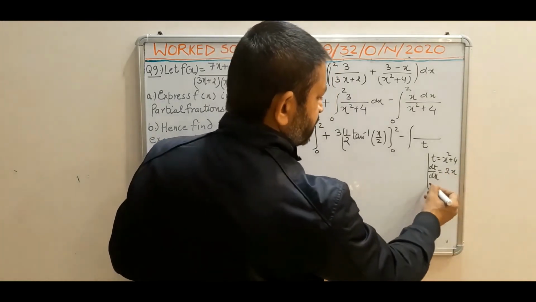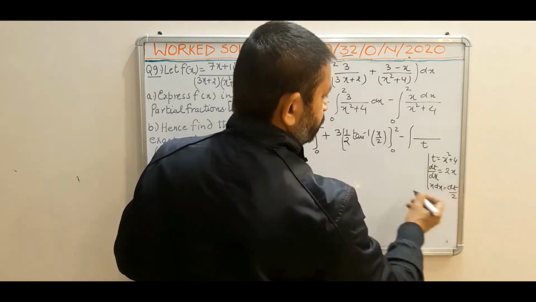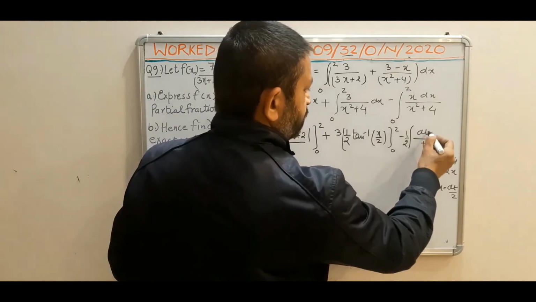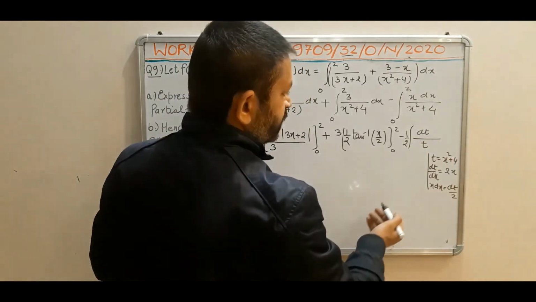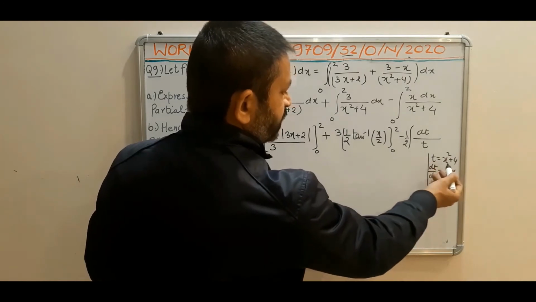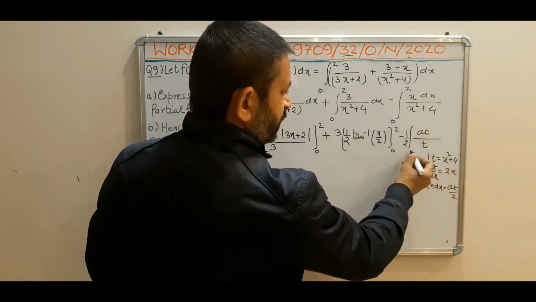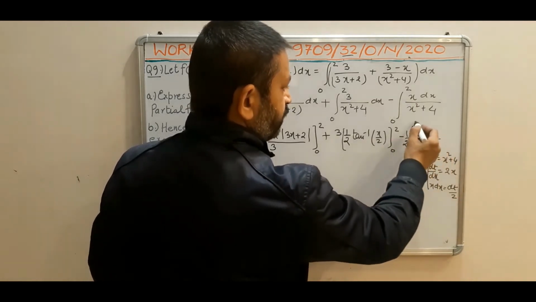So your x dx will become dt upon 2. So half will come here. This is dt upon t. We'll put limits later, or you can change limits here as well. When your x is 0, t will become 4, and when your x is 2, t will become 8.